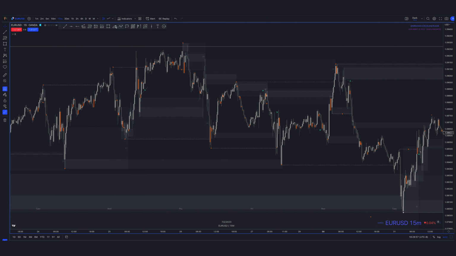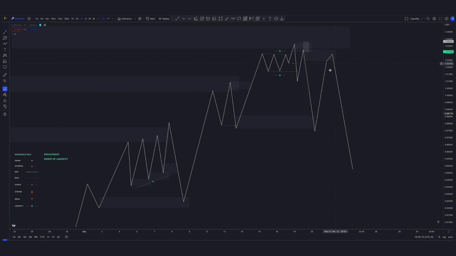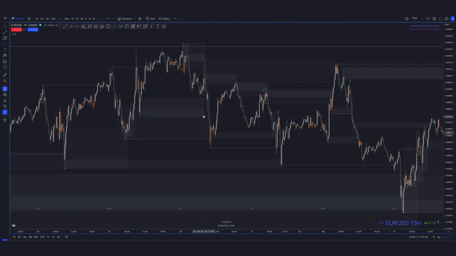Since this demand couldn't hold, and there was a breakdown here, we went all the way up there and continued down. You see, like the example that I just told you. So price broke here, came all the way up there to mitigate this supply chain, and then continued down.